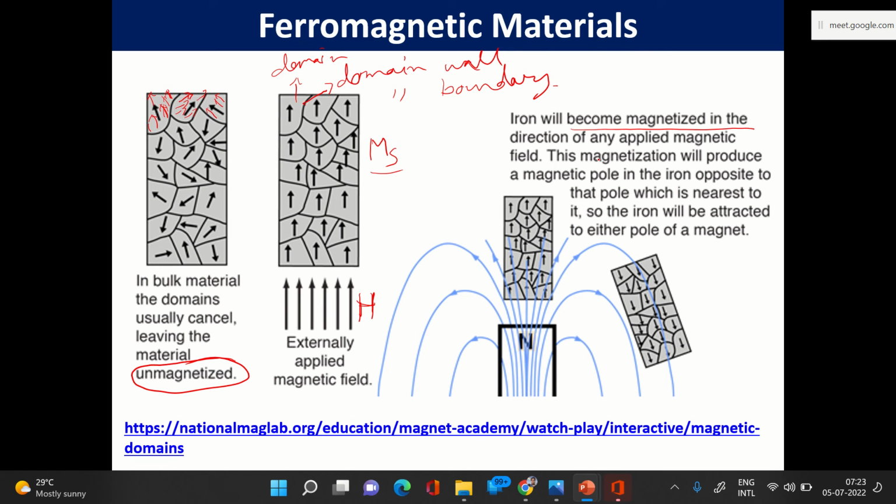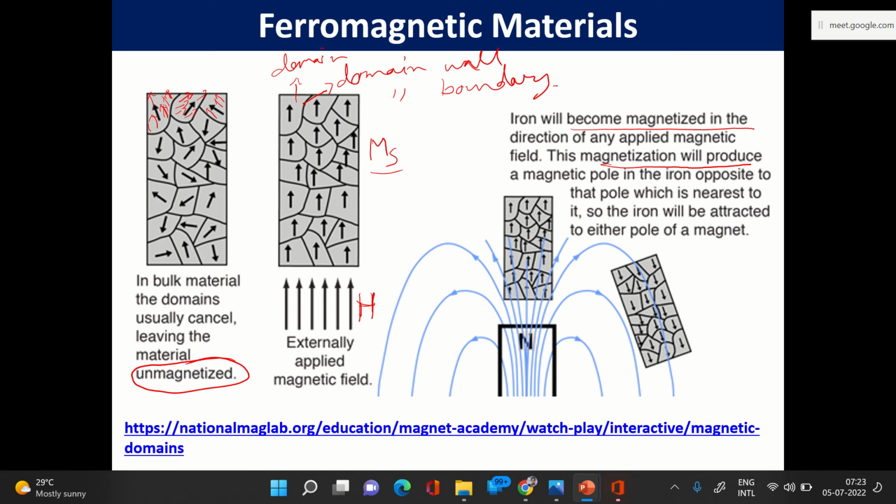The application of the magnetic field produces the effect of alignment of these spins in that direction.